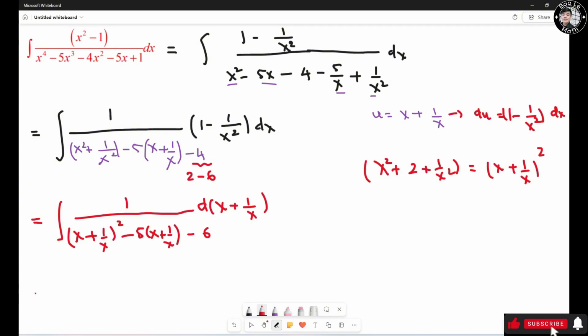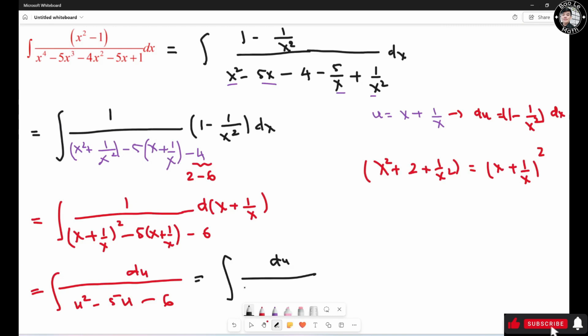So this one can be written as du over u squared minus 5u minus 6. And then we can do the fraction decomposition to split the bottom. So the bottom can be written as the integral of du over u minus 6 times u plus 1.